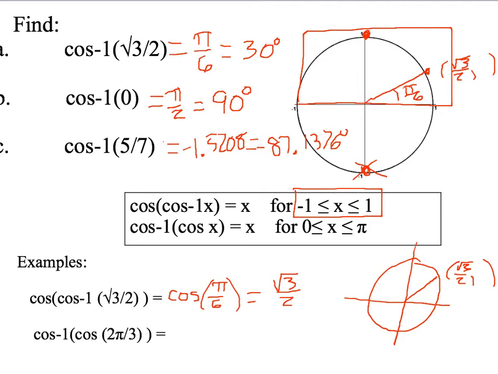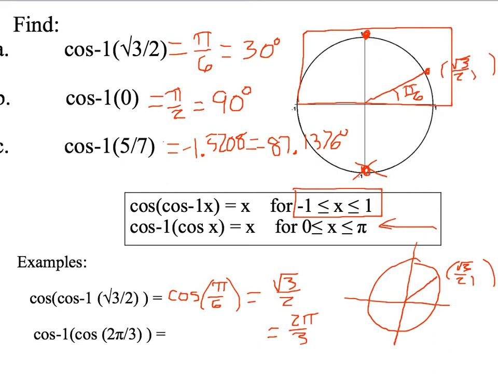But once again, this is the one we have to watch out for, because it is a little bit different than the sine. We're going from 0 to pi with the cosine. 2 pi over 3 is within that range of values, so we know we can just come right over here and say that the inverse cosine of the cosine of 2 pi over 3 is 2 pi over 3.